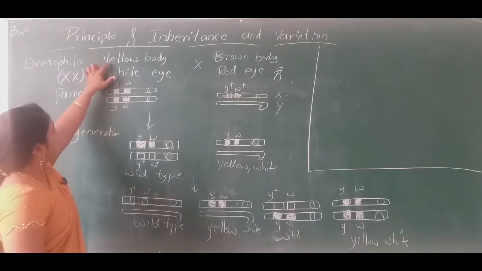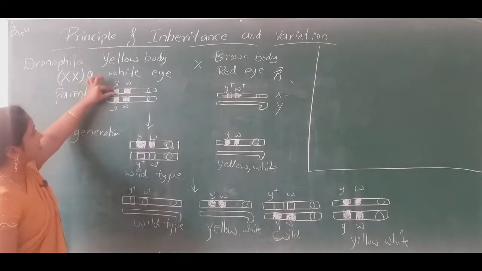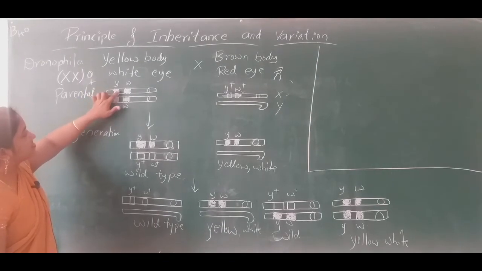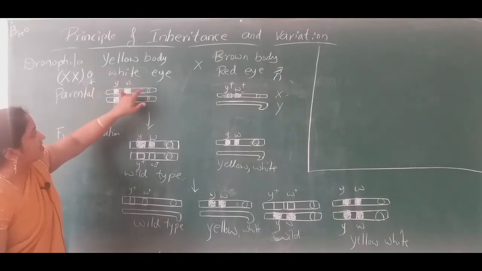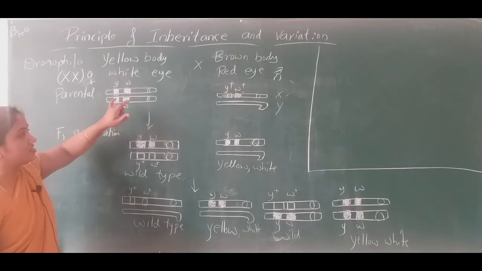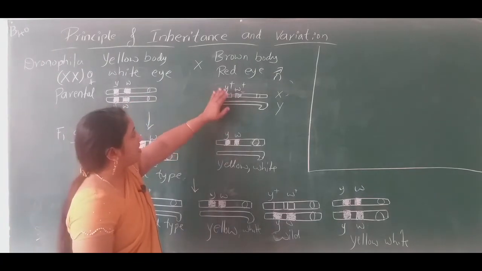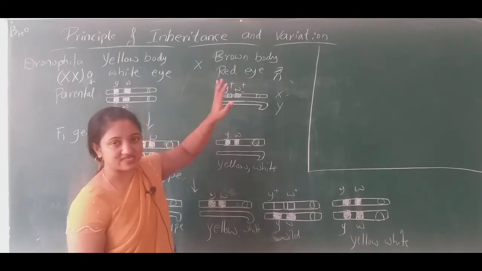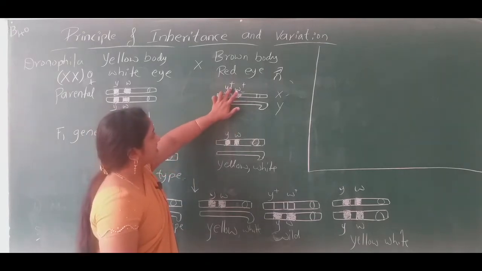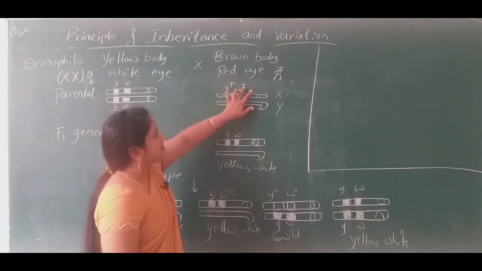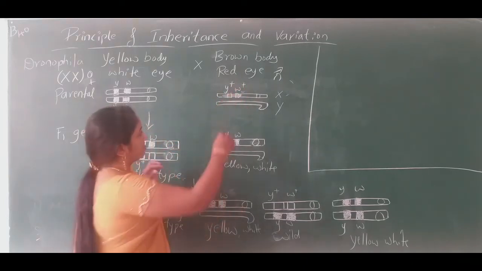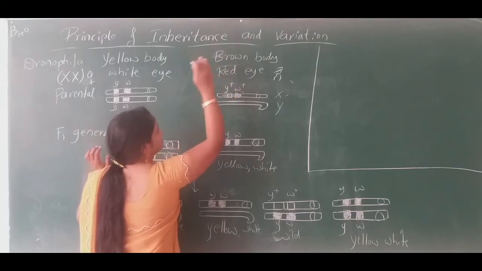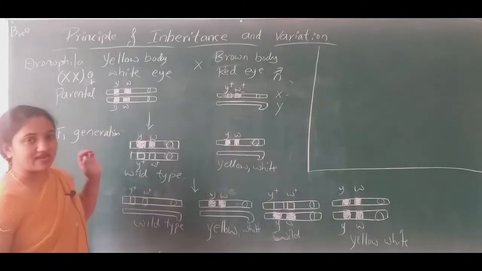The yellow body character is represented by this gene, and the white eye is represented by this gene. On this side we have brown body and red eye, which is dominant. As I told you, the dominant character is represented by the plus sign. So Y plus and W plus mean brown body and red eye.